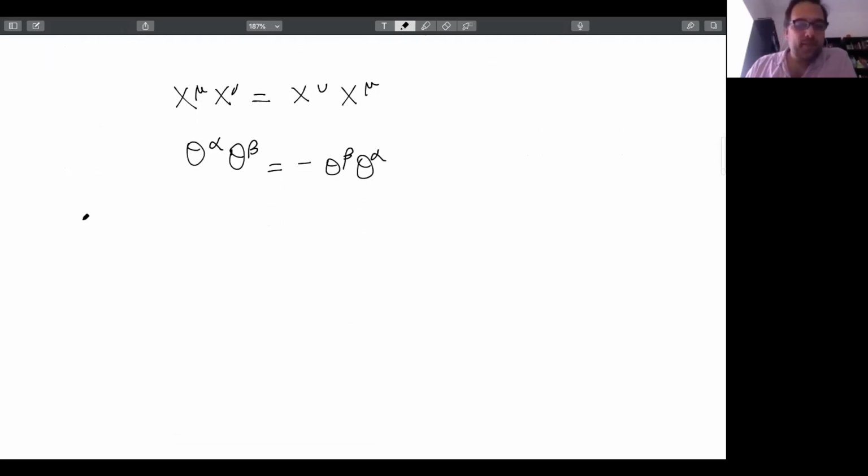So a function, it's not really a function, but the idea of a function of these two kinds of coordinates is that you can expand it in a kind of power series.